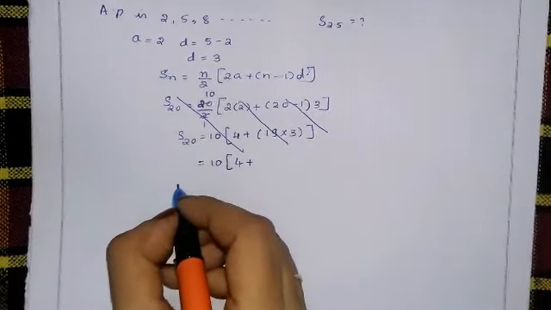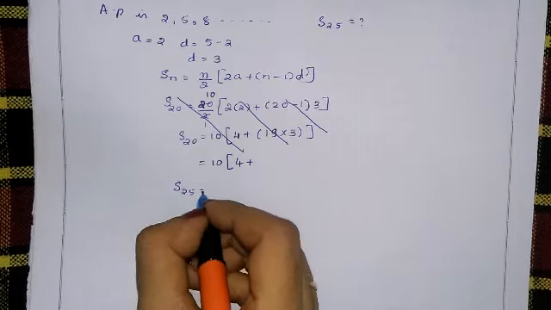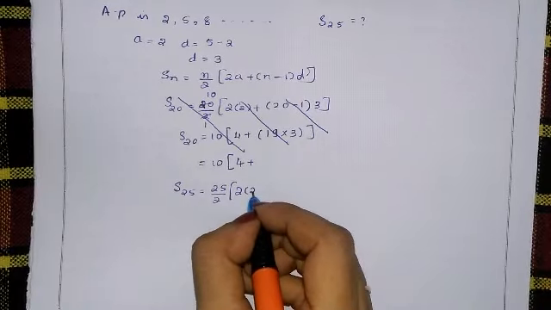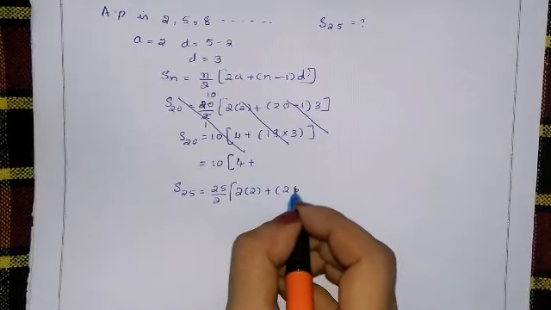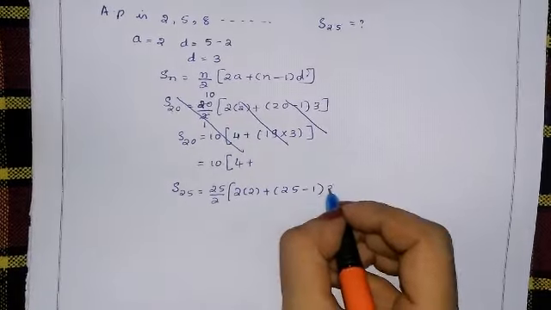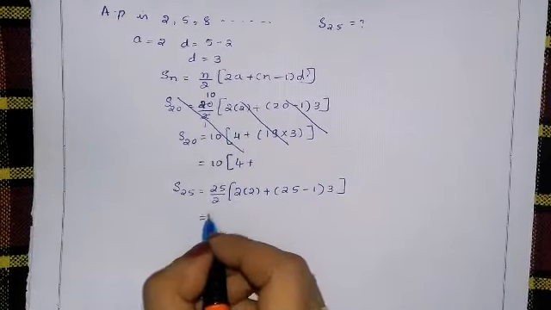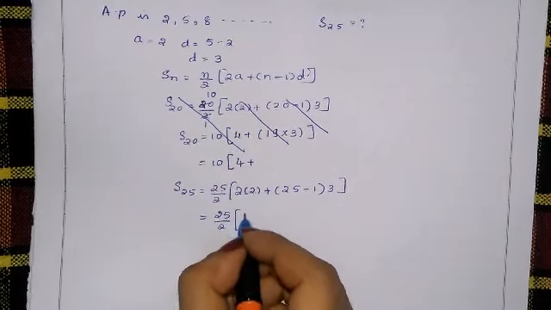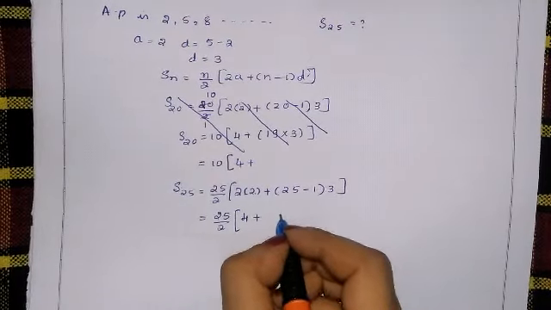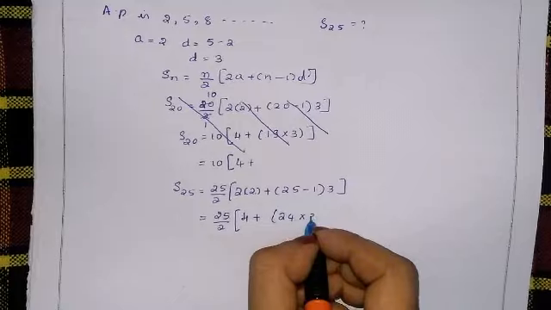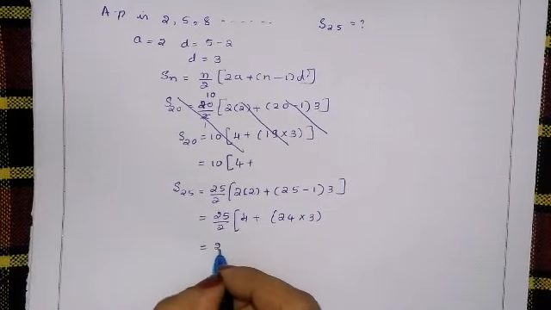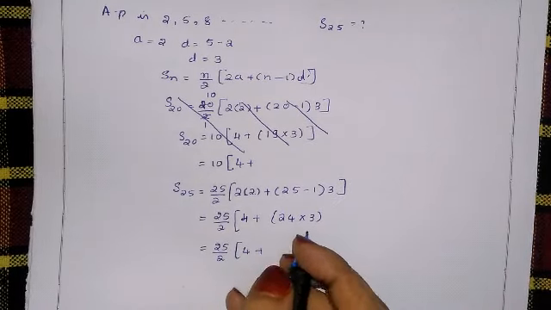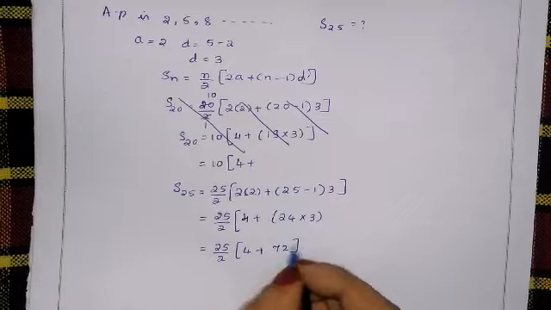S25 is equal to 25 by 2 into 2a, where a value is 2, plus 25 minus 1 into d value, 3. We cannot cancel 25 by 2, so we keep it as it is. 2 twos are 4 plus 24 into 3, which is 72.